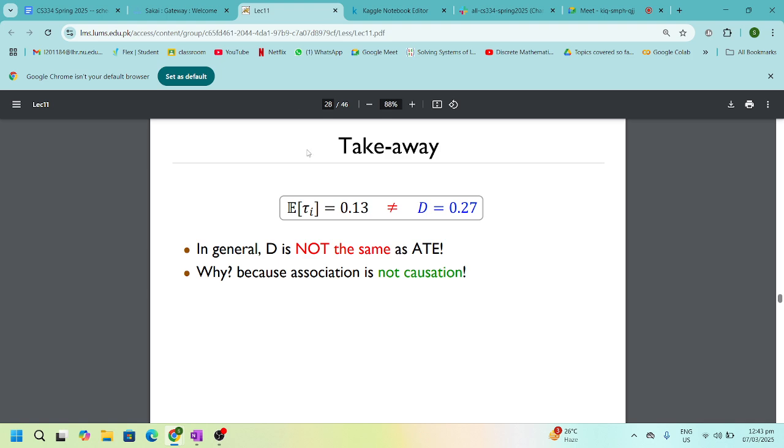And when exactly is D equal to ATE? You looked at a very detailed mathematical proof for this in, I believe, lecture 11 here. But can someone tell me in very simple words, without the proof, when is the difference in means equal to the average treatment effect? What do we need to do to ensure that these two are equal? Because obviously we cannot determine the exact average treatment effect.